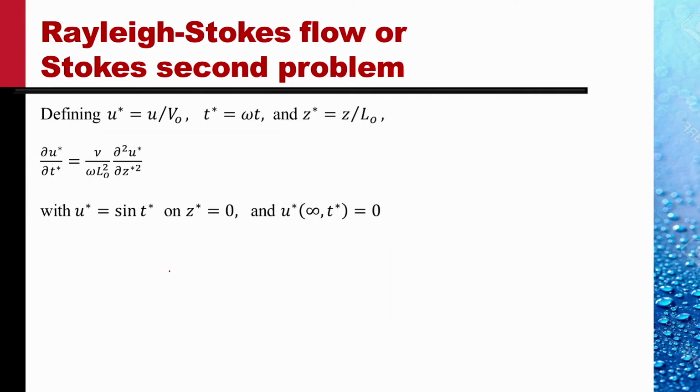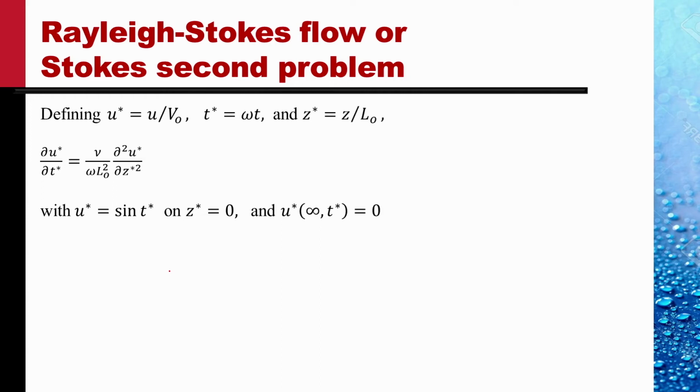We define the normalized velocity u star as u divided by V0, the amplitude of the velocity of the plate, and we define t star as omega t, where 1 over omega is the characteristic time. So omega t becomes a non-dimensionalized normalized time.